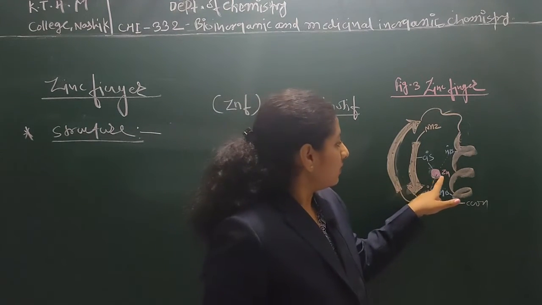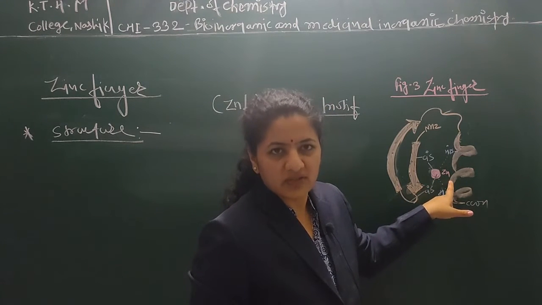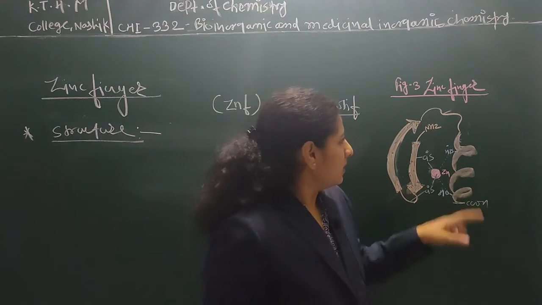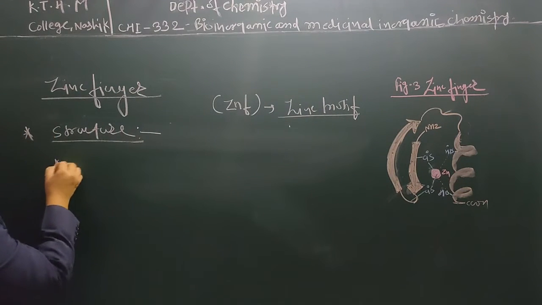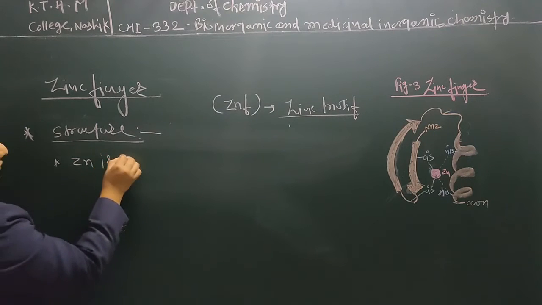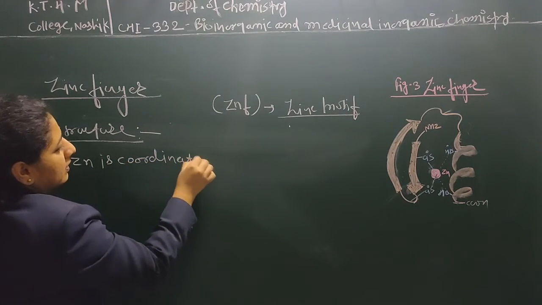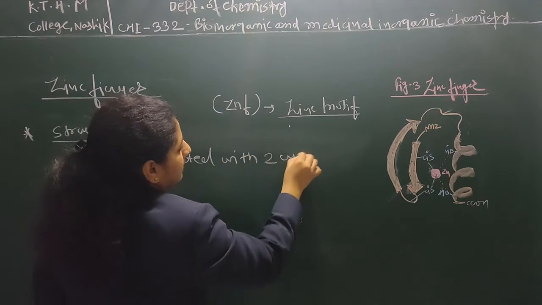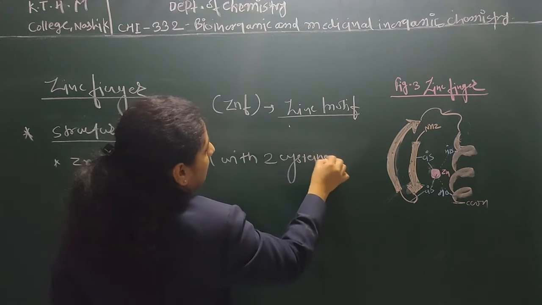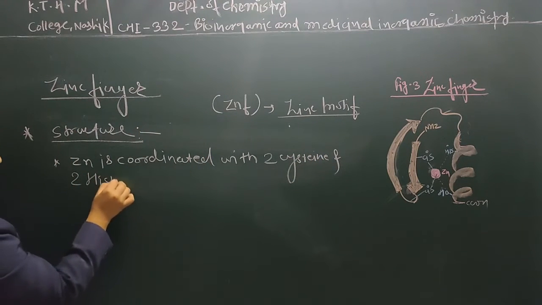Zinc is coordinated with two histidine and two cysteine residues here, that is, two cysteine and two histidine residues.